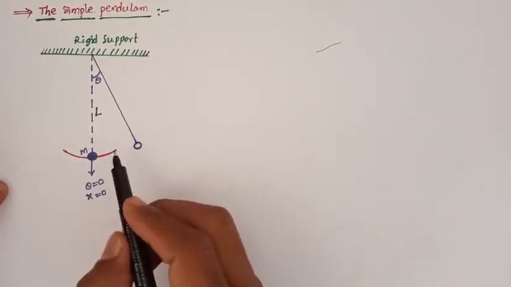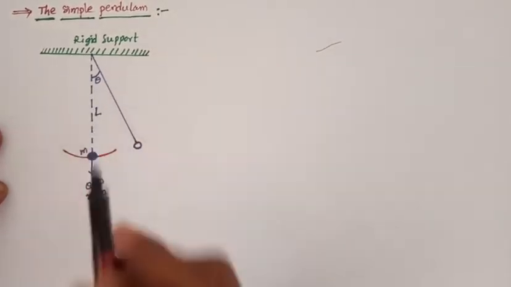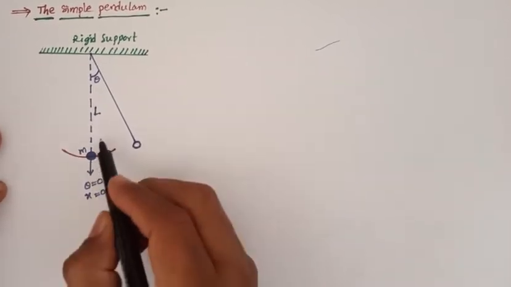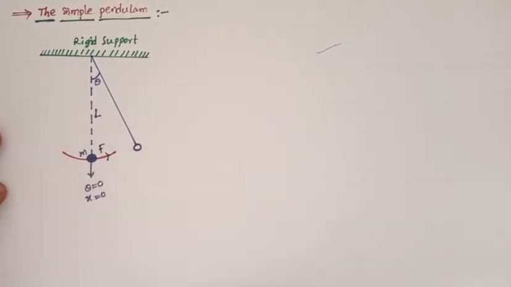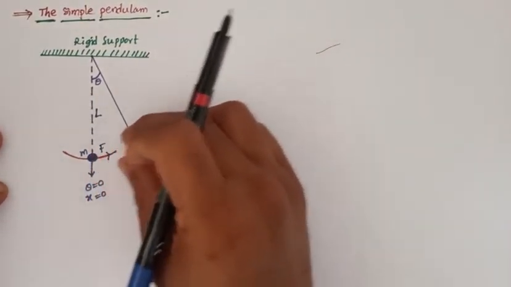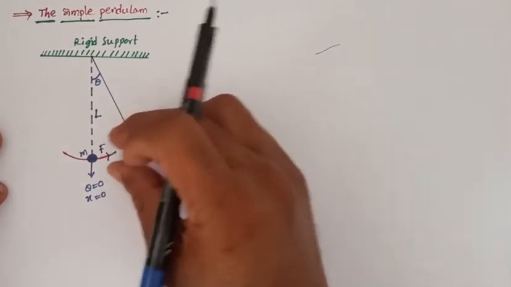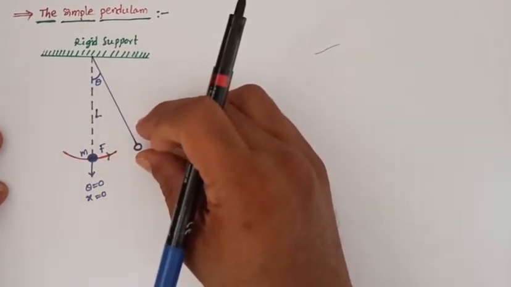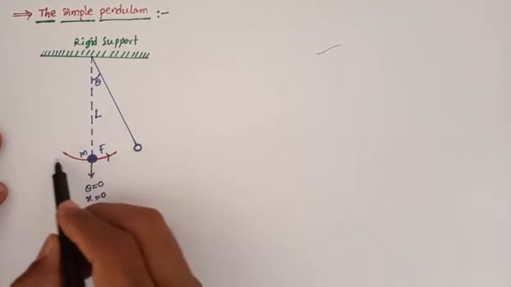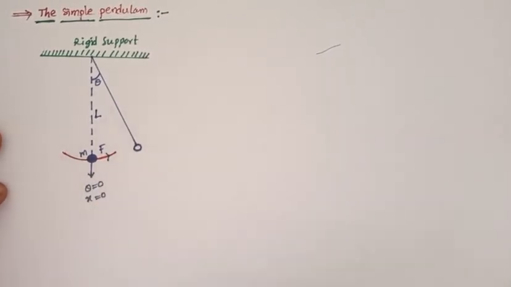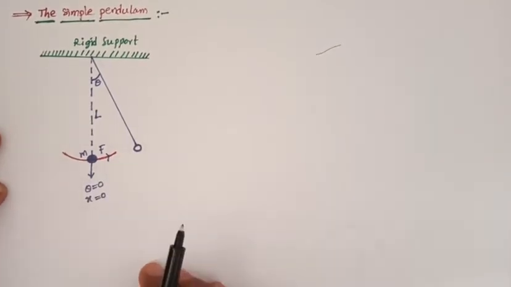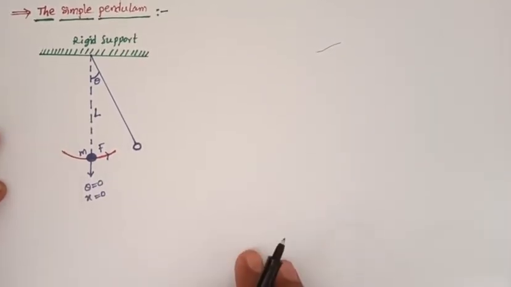When a force F is applied in the right side direction, or it is pulled to some distance and released, what happens? It moves in to and fro motion continuously. This type of motion we call simple harmonic motion.